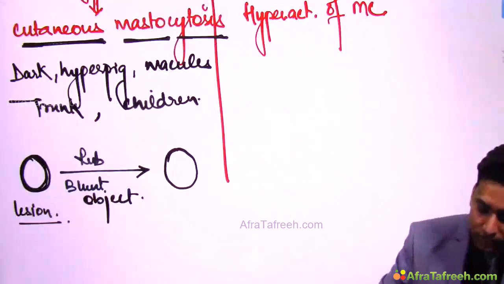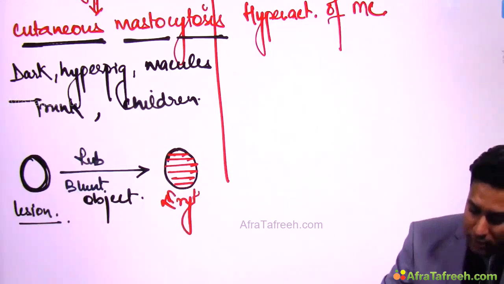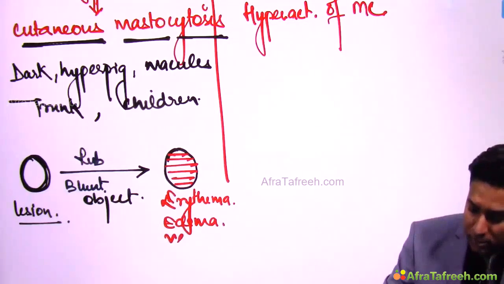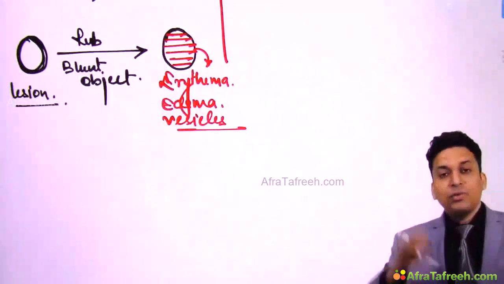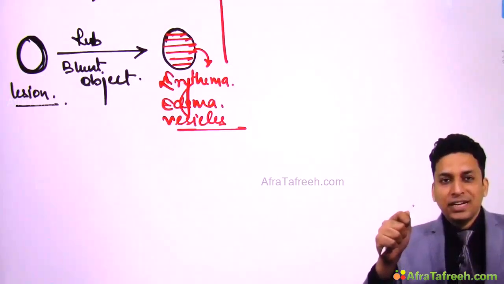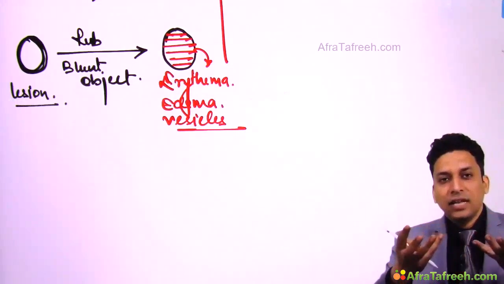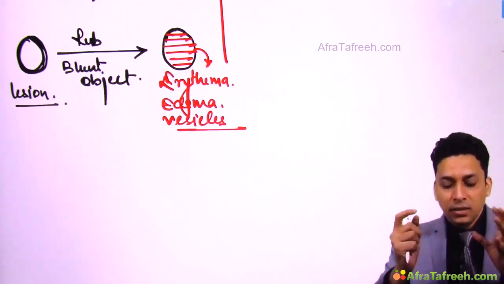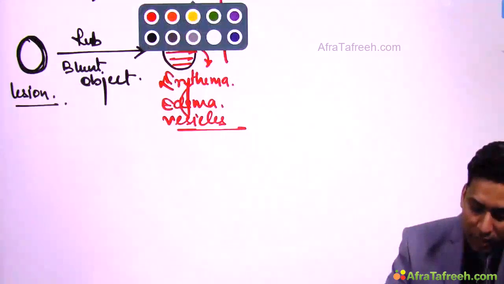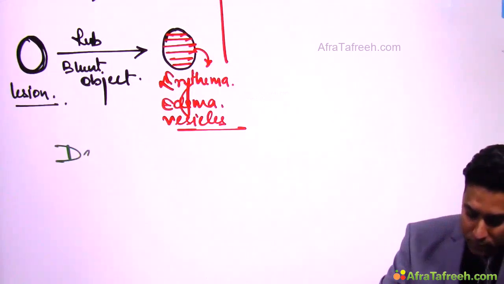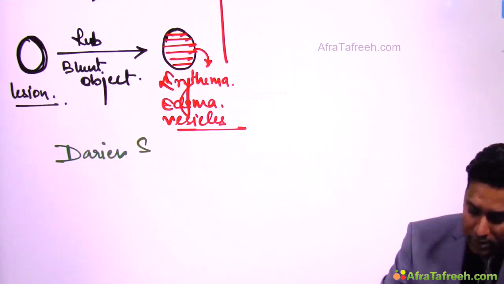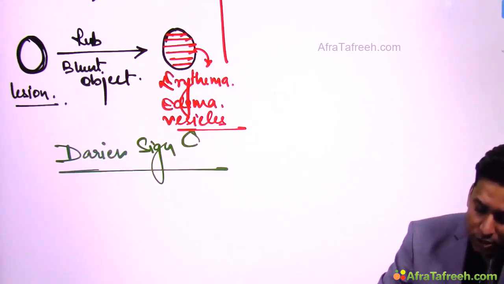So these lesions become erythematous, edematous, and sometimes vesicles might develop. So when you rub the lesions of urticaria pigmentosa, that is cutaneous mastocytosis, with any blunt object, these mast cells release histamine, causing vasodilatation, leading to erythema, edema or vesicular formation. This is known as Darier sign.